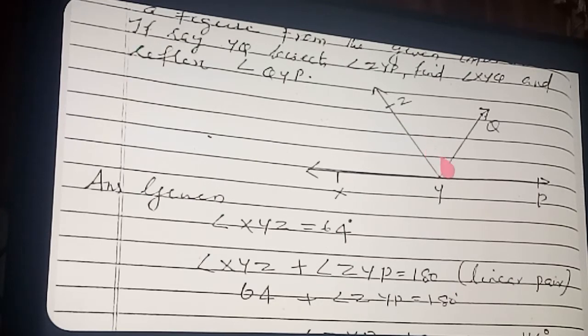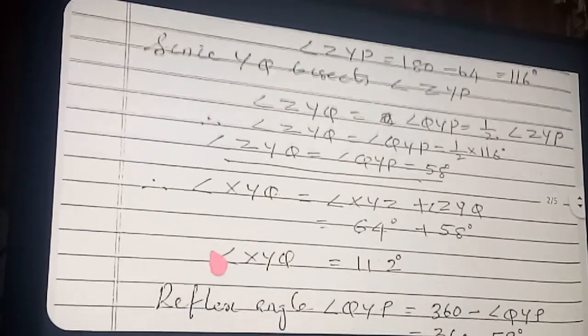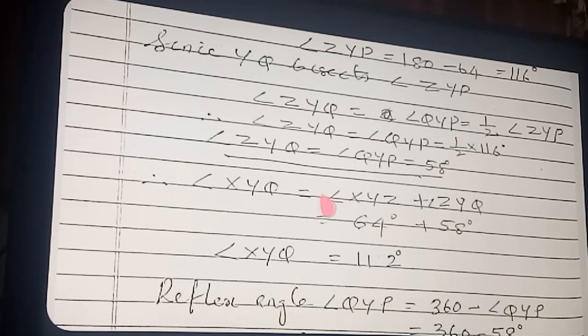Once more we can go to the diagram. See, what is the measure of this angle? 58. What's the measure of this angle? 58. Now very easily you can find out all the angles. So this angle is 58, this angle is 58, what is this angle? 64. Okay. Now what do you want to find out? Find angle XYQ. You recognize the angle, which angle is coming? XYQ. XYQ is the sum of which angles? XYZ and ZYQ. Just add them. So XYQ is equal to angle XYZ plus angle ZYQ.